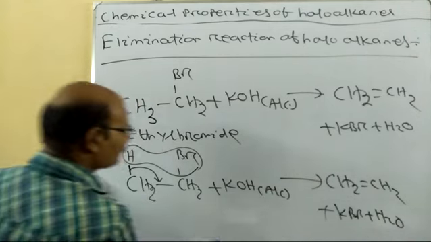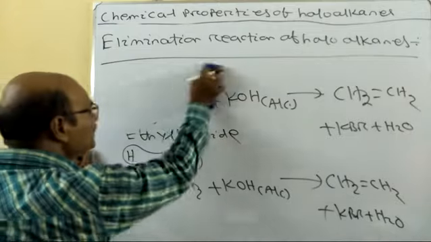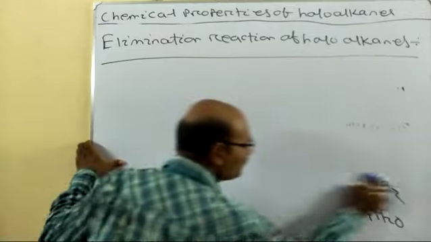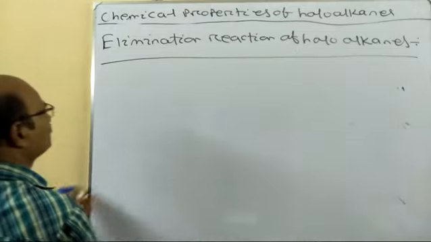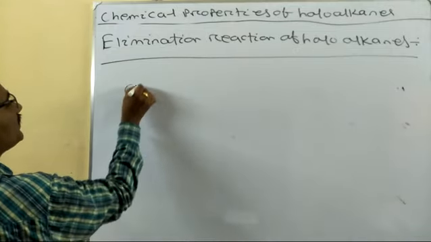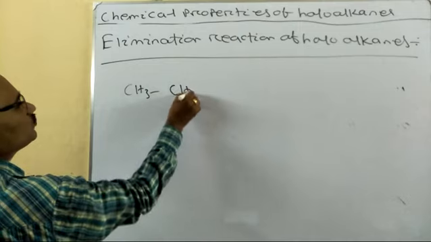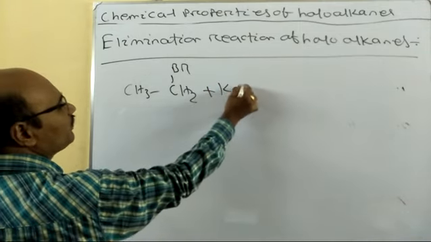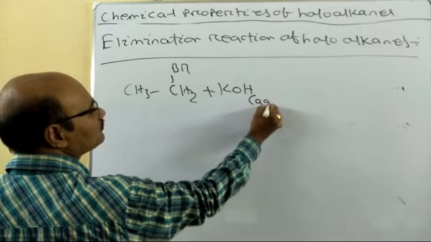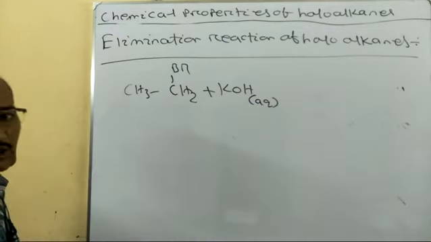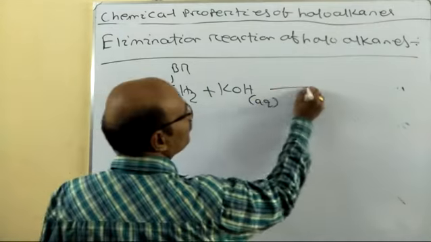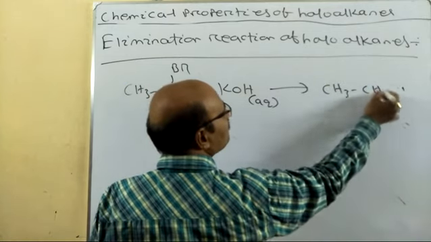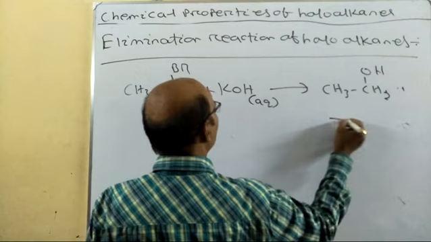Now let us see, previously we discussed that CH3CH2Br plus aqueous KOH gives CH3CH2OH plus KBr.